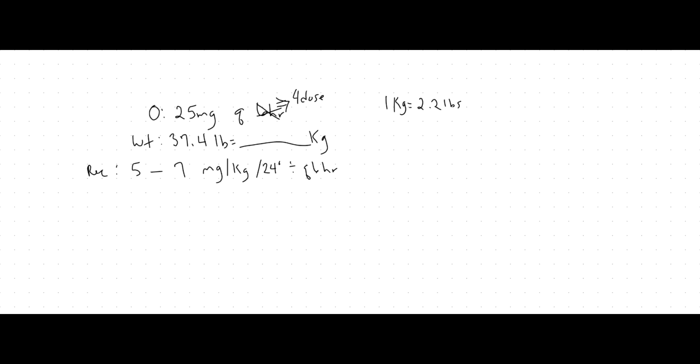Is it 17 even? Yes. Okay, so if it wasn't 17 even, what do I always round weights to? The tenths. The tenths, okay? So if it wasn't an even number right here, then we would round it to the tenths place. All right, so the first question was asking what is the child's weight in kilograms.